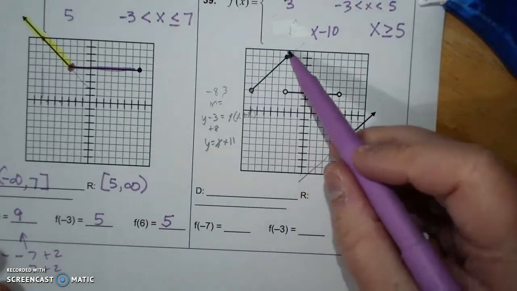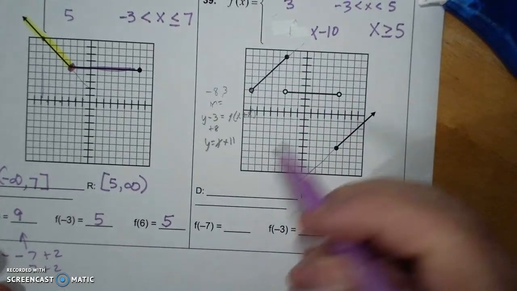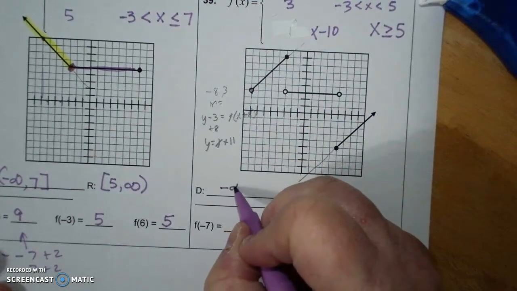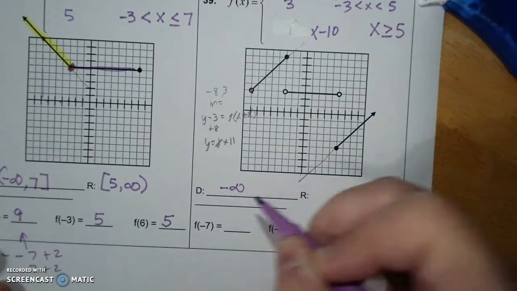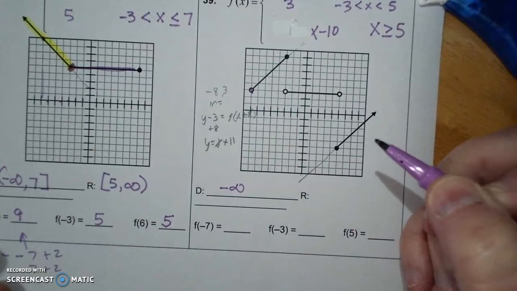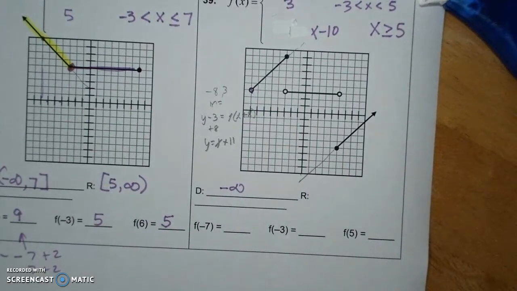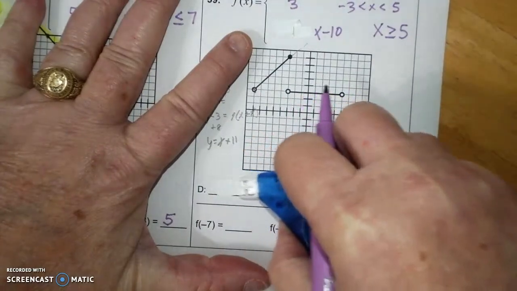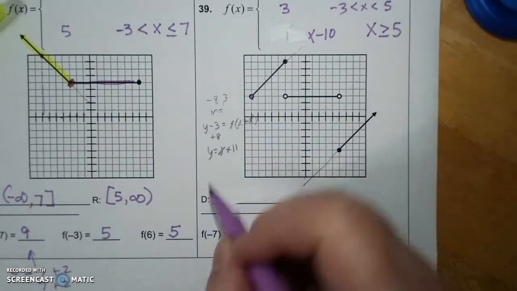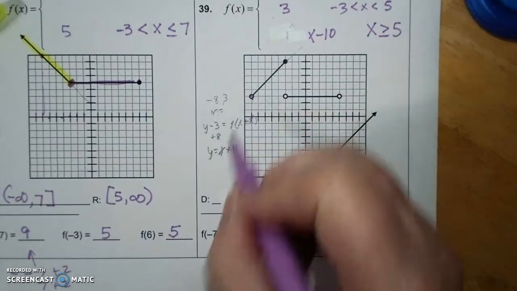Domain. It keeps going, it has no gaps, so it is negative infinity, sorry, it is not. It had a dot right there. It had a bulb.